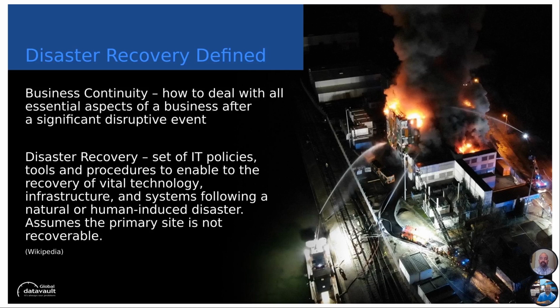When we think about disaster recovery, that's more on the IT side specifically, where we want to look at the systems that are required to enable business continuity, right? So the systems that are required to run the applications themselves, any IT components, whether they're brought up in the cloud or in a different location, that enable the business to run.